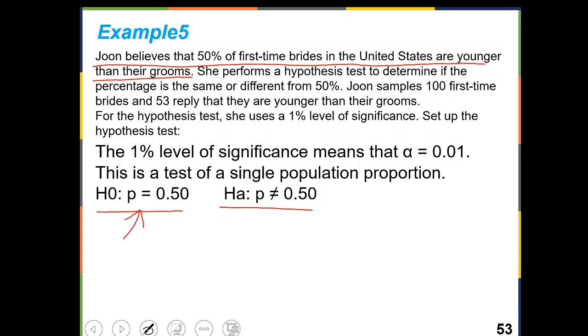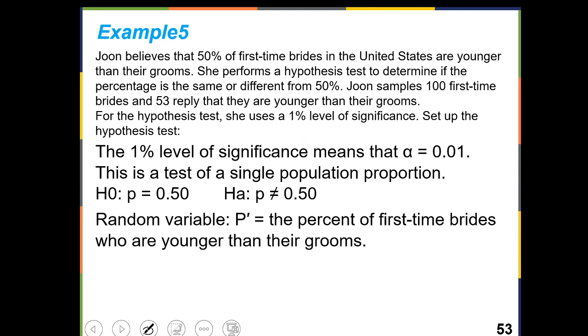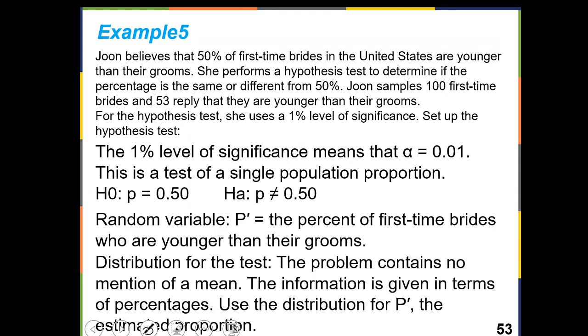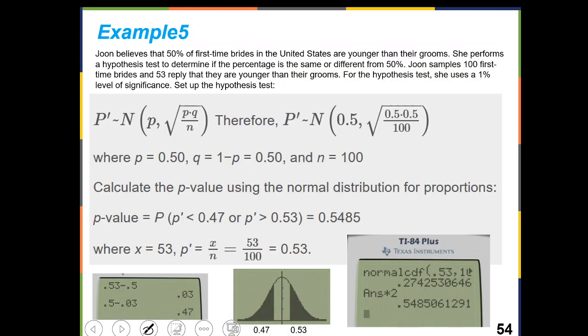So June samples 100 first-time brides. So we take a sample of 100, right? So that's our n. And then finds out that p prime is 53 divided by 100. That's our p prime, right?